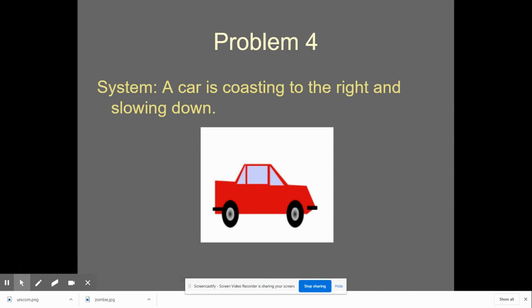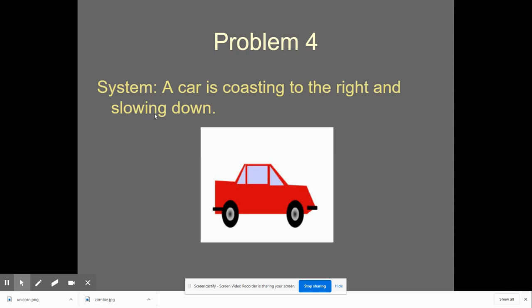Problem 4. A car is coasting to the right and slowing down. There it is. It is coasting to the right but slowing down. My guess is that if it's slowing down, it's eventually going to come to a stop. I have an unbalanced situation here because it's slowing down.